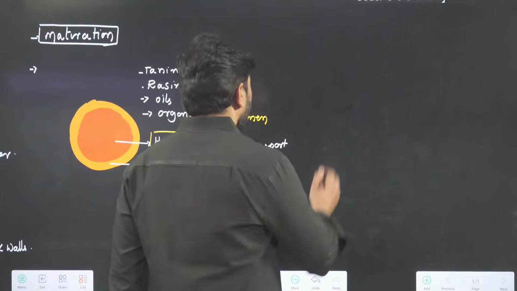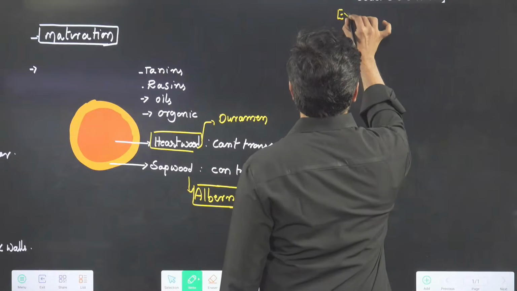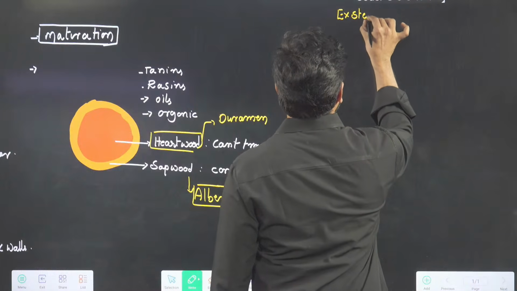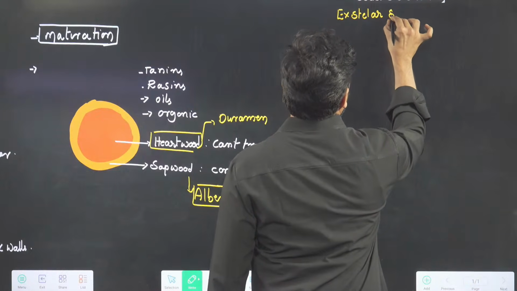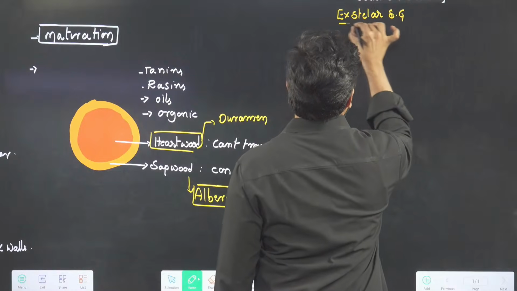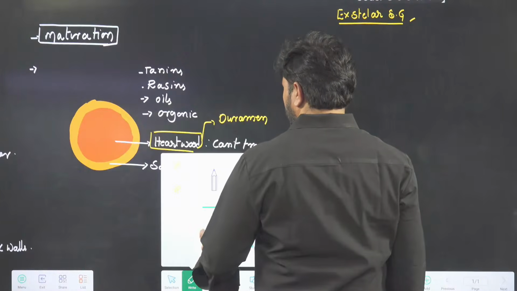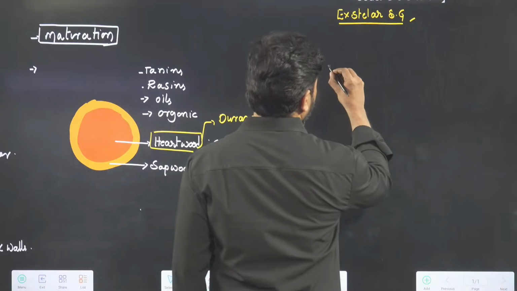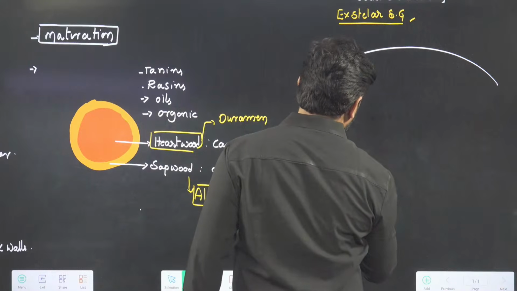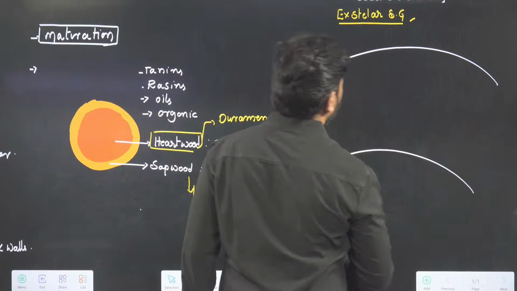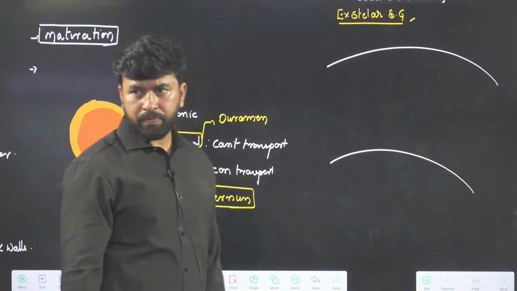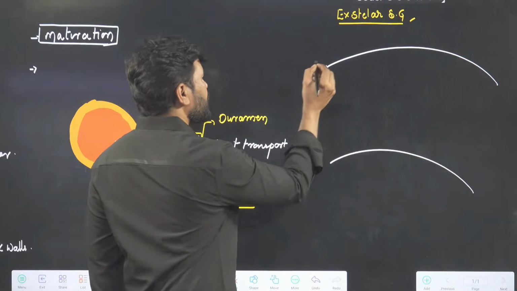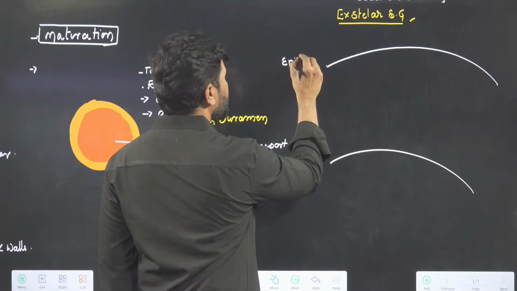After that, extrastellar secondary growth. When we talk about extrastellar secondary growth, first let us recall what changes we are going to develop here. I am considering this portion is called epidermis.